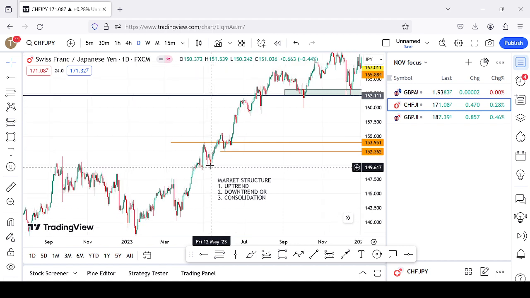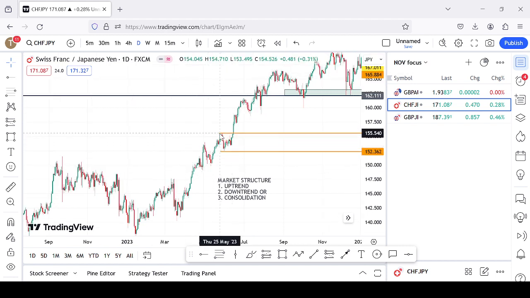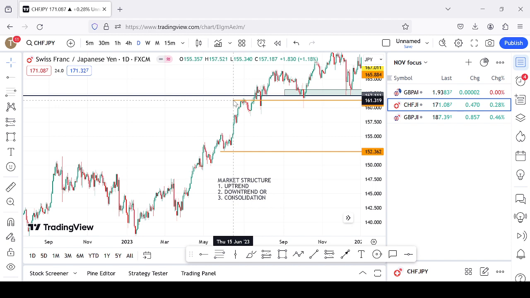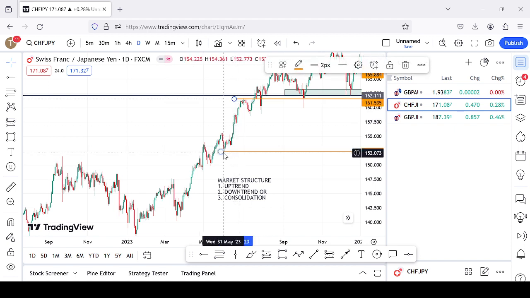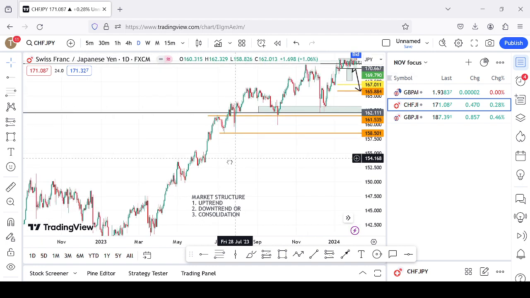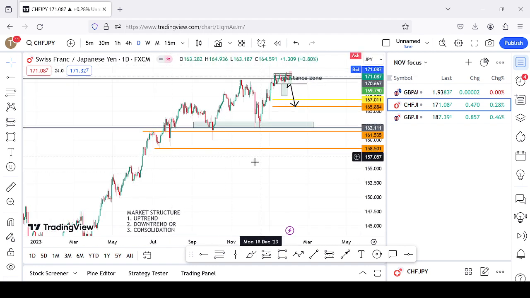It formed another new high, broke the highs and formed another new high. It broke here again and went up, formed this high, then came down here. And now we are here.